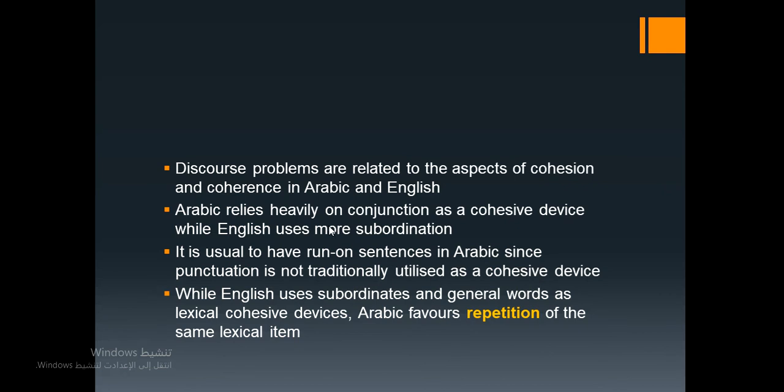Run-on sentences means having two sentences without connecting them appropriately. So the last point: while English uses subordination and general words as lexical cohesive devices, Arabic favors repetition of the same lexical item.